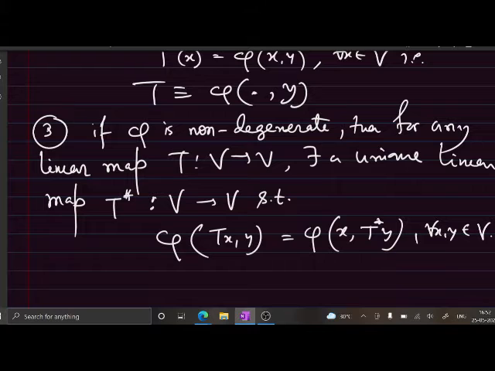So if phi is non-degenerate, then for every linear map you can find a unique linear map T star satisfying this property.